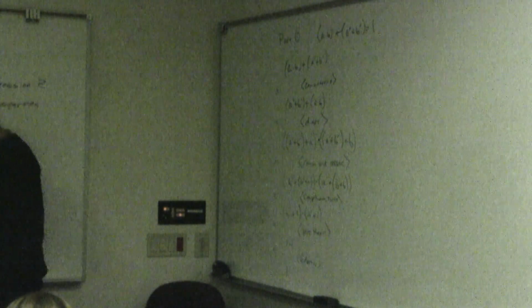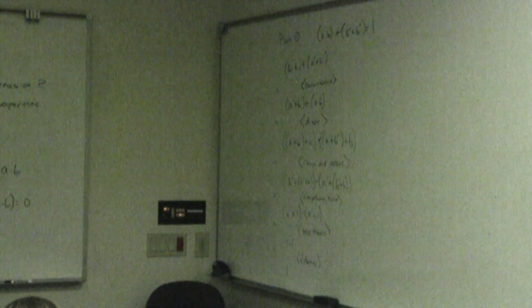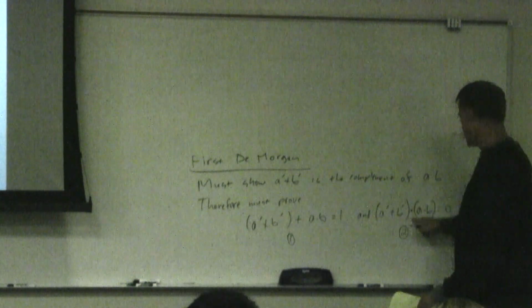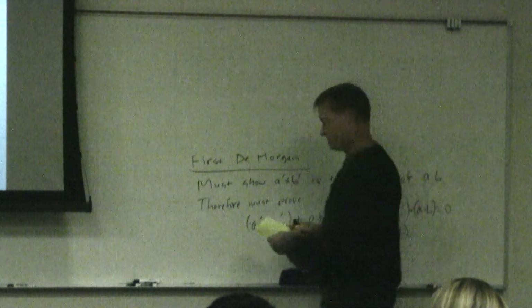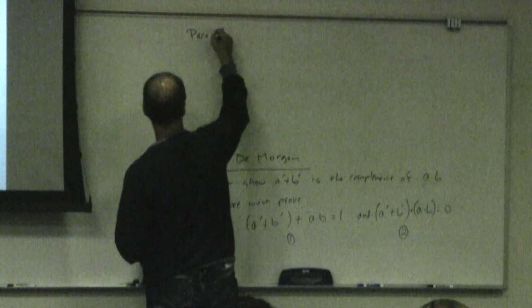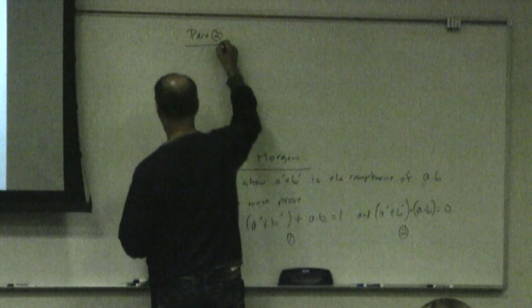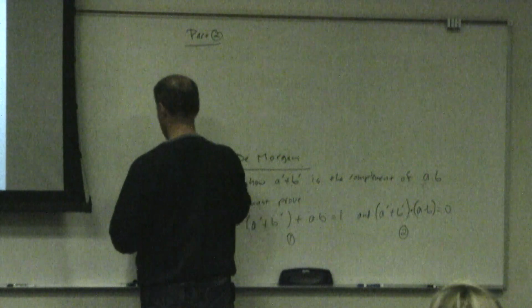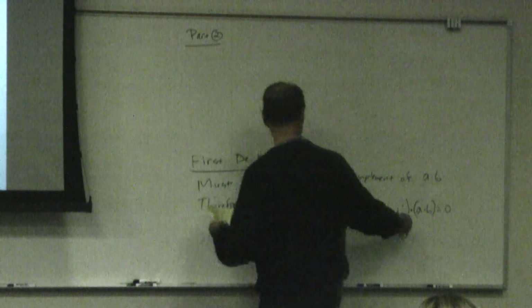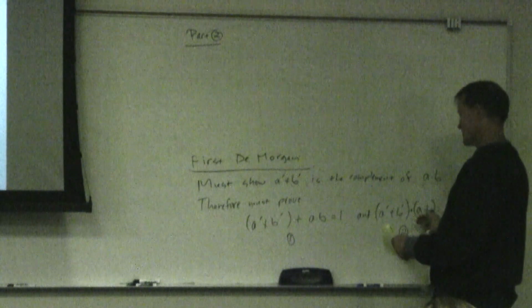Okay, so now let's do the second one. Part 2. So before I erase it, we'll put it down. So part 2, we need to prove this. Commutative is trivial, right?